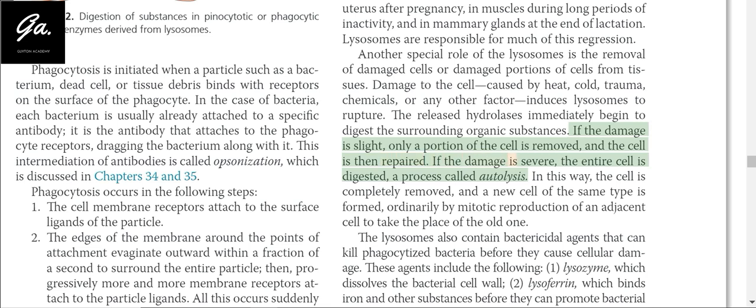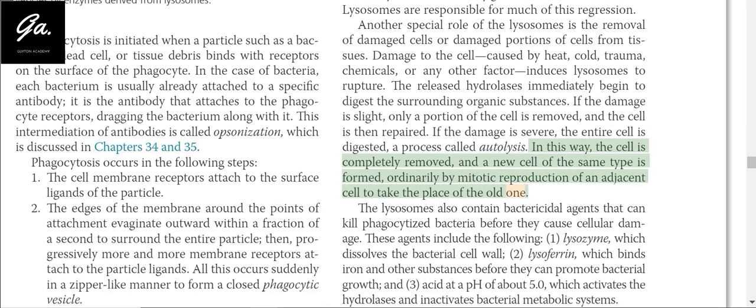If the damage is severe, the entire cell is digested, a process called autolysis. In this way, the cell is completely removed, and a new cell of the same type is formed, ordinarily by mitotic reproduction of an adjacent cell to take the place of the old one.